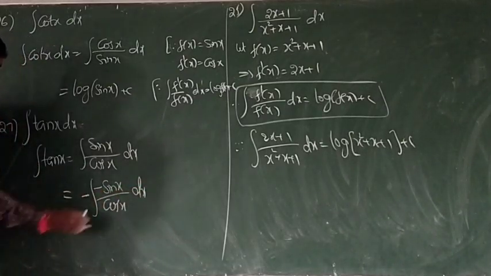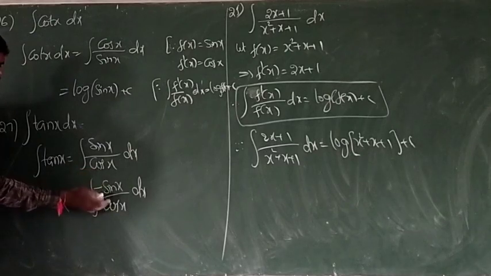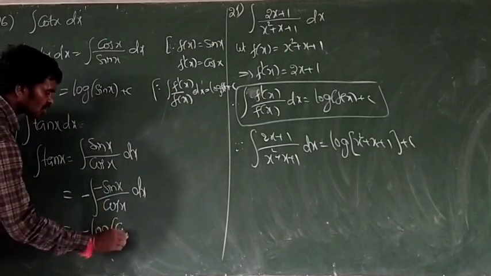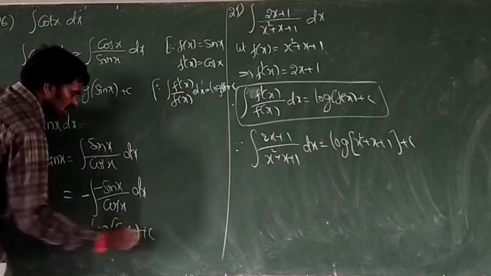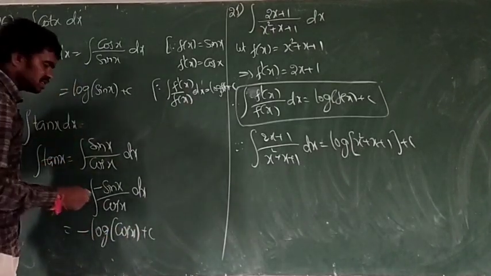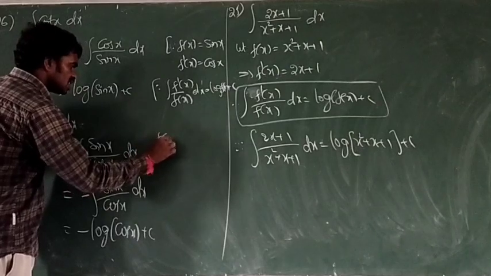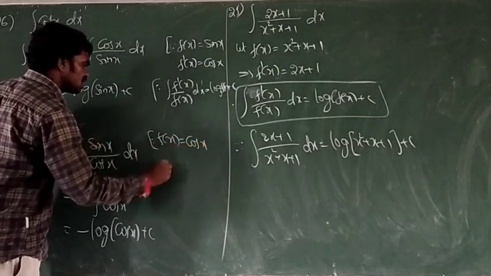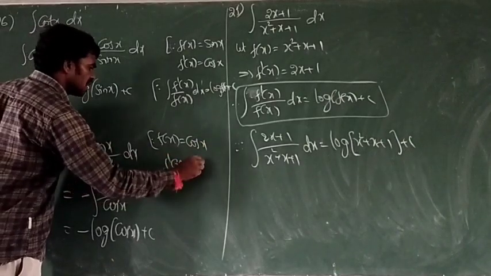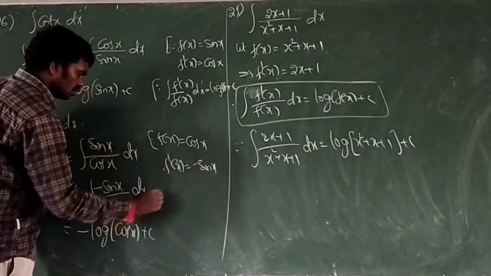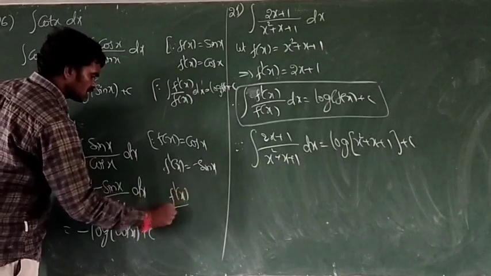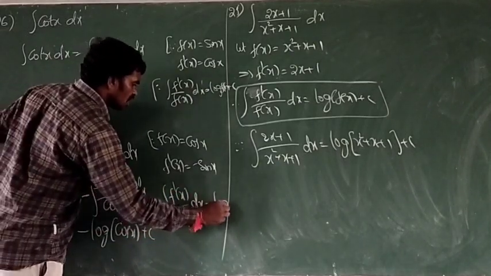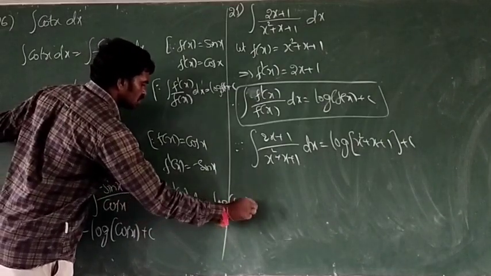Now this is the function and the function's derivative is minus sin x, so this is minus log of cos x plus c. But this is not the final answer, one more step is there. Since I have taken f of x as the denominator cos x, the numerator becomes minus sin x, and here I used the formula of the integral of f dash of x by f of x dx, which is log of f of x plus c.